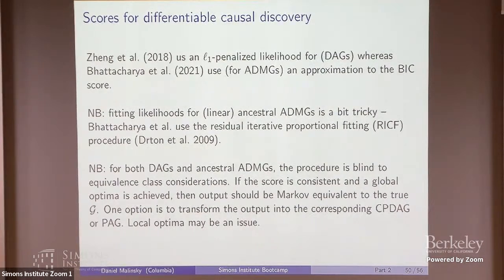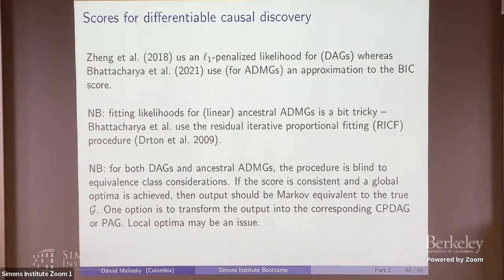So that involves basically fitting likelihoods for ADMGs and then penalizing them somehow and calculating the derivative of that H function, for which we use this procedure that Thomas Richardson alluded to earlier about calculating maximum likelihood estimates for MAGs.